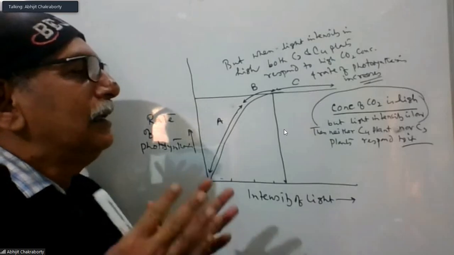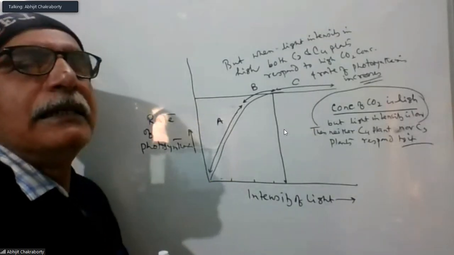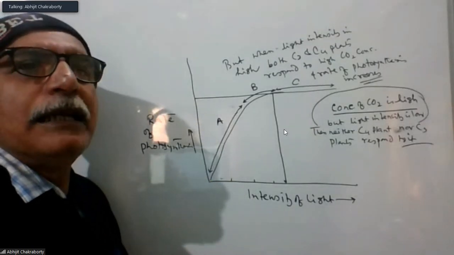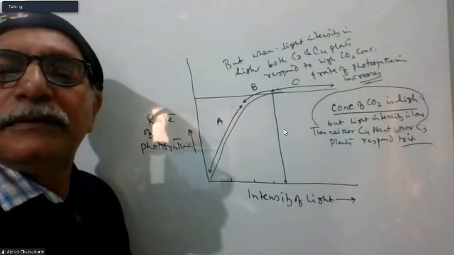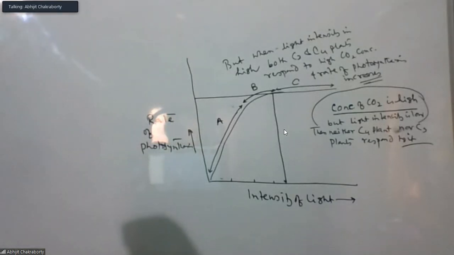But when the concentration of carbon dioxide is high but light intensity is low, then there will be no change in the rate of photosynthesis. Are you getting me? Yes, sir. You need to remember these things.